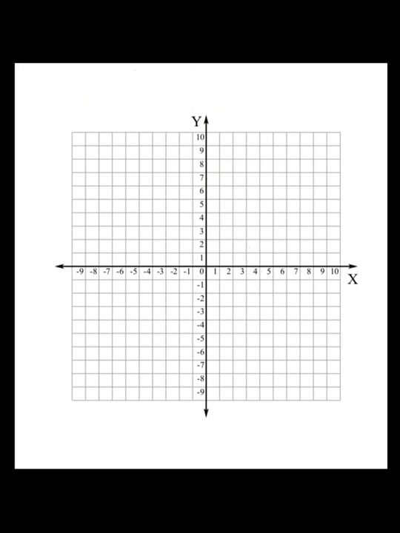All right, our next example is y equals -3/4 x minus 1. Right, so the y-intercept is -1. So that would be (0, -1). So I'm going to plot that. And then the slope is -3/4, so -3 over 4. So I'm going to count down 3 and 4 to the right.